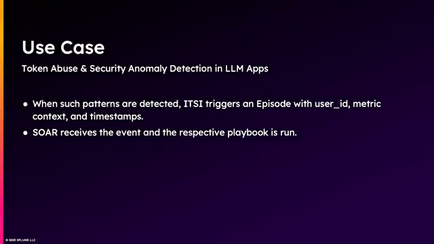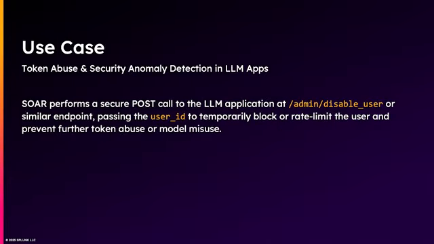When such patterns are detected, ITSI will trigger an episode with the user name, user ID, metrics, context, and timestamps. SOAR receives the event and the respective playbook is run. SOAR performs a secure POST call to the LLM application or a similar endpoint, passing the user ID to temporarily block or rate limit the user to prevent further token abuse or model misuse.